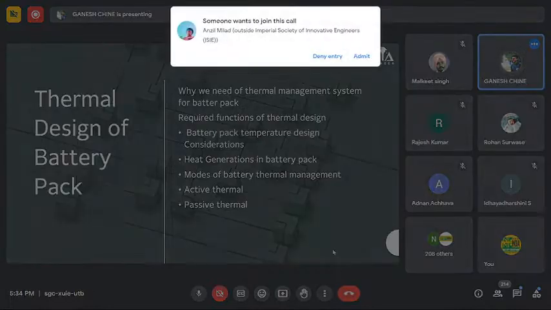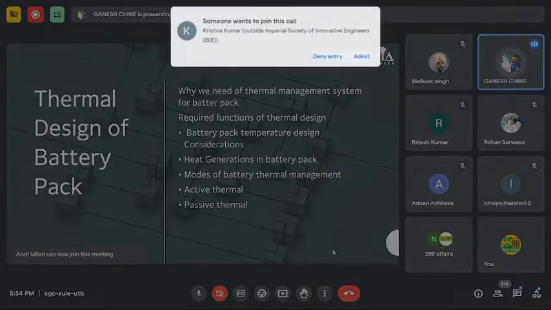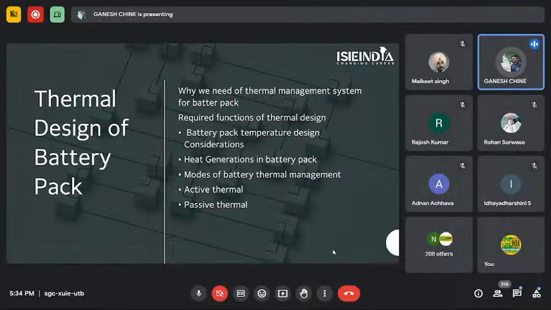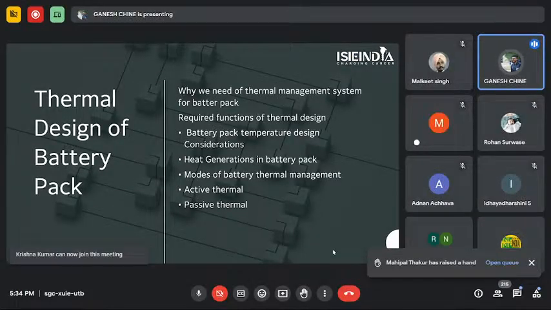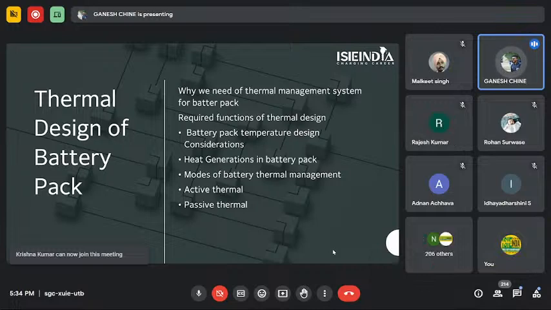Another consideration is lightweight, and the battery thermal system should be easily packageable and reliable, and the cooling system easily serviceable. All these considerations are useful while designing the battery pack.